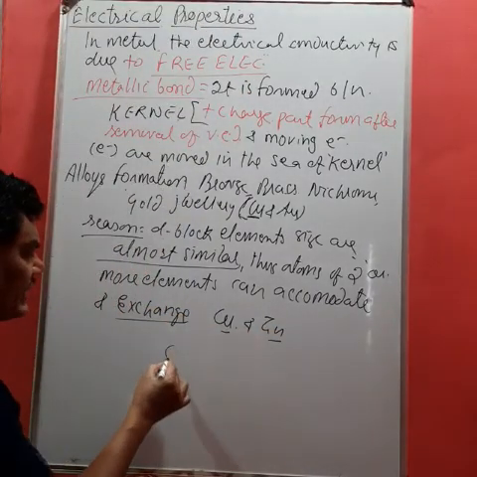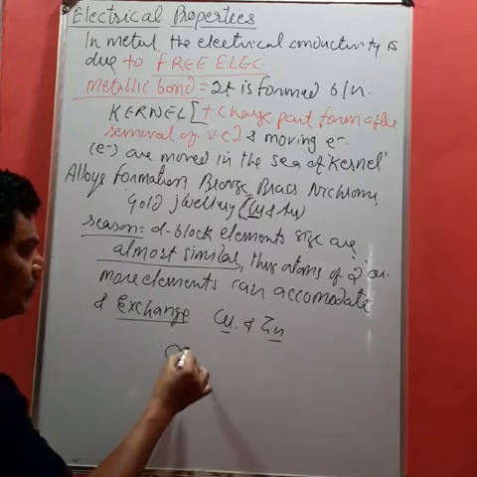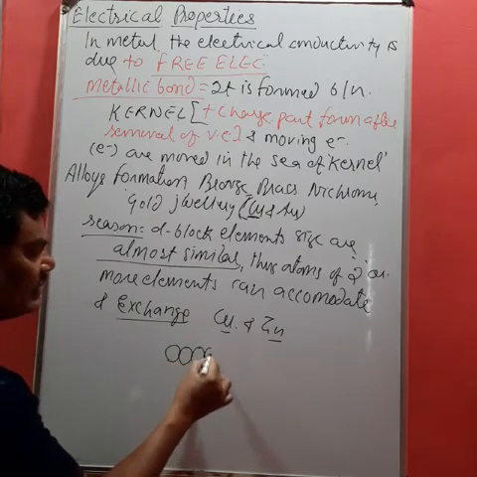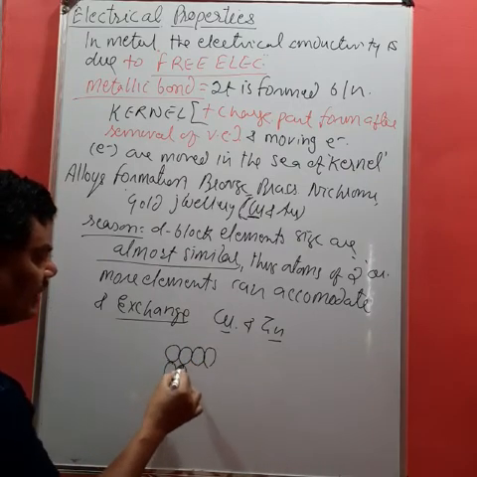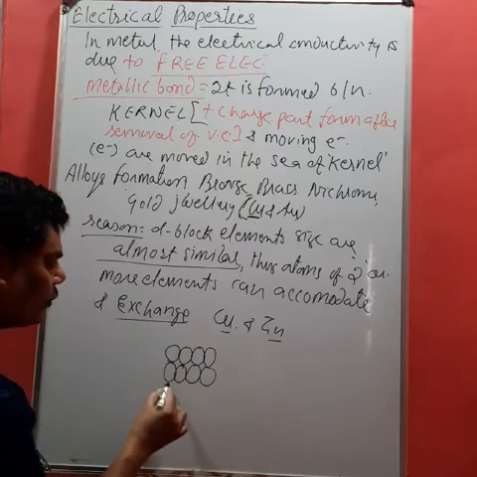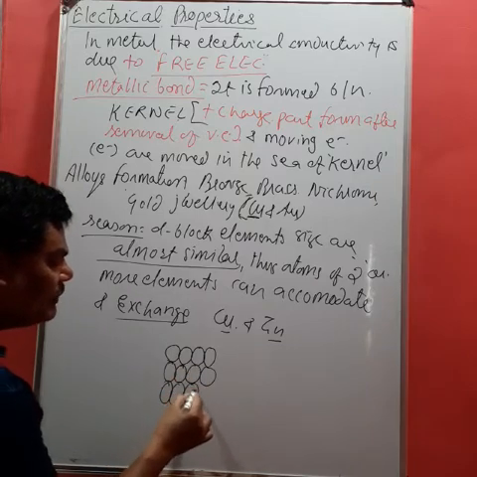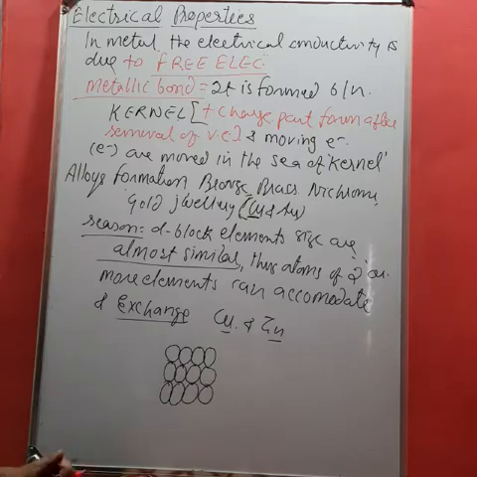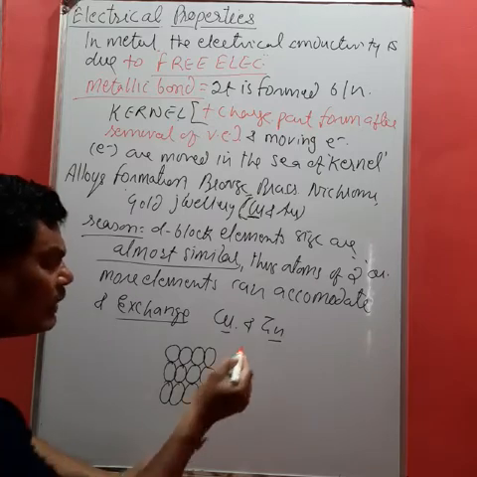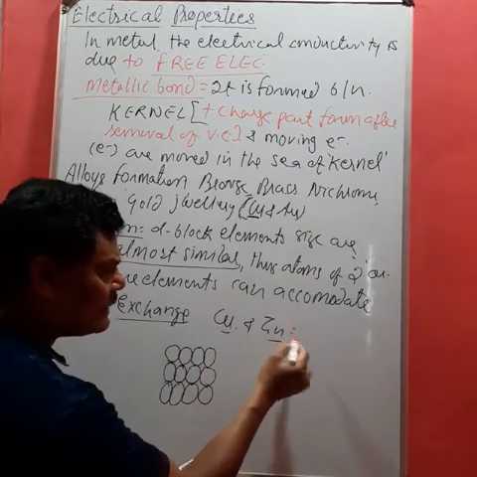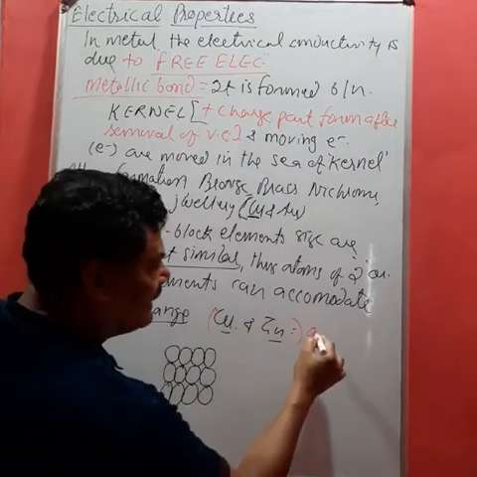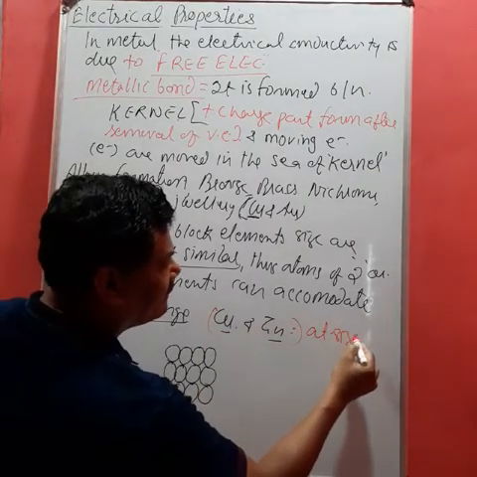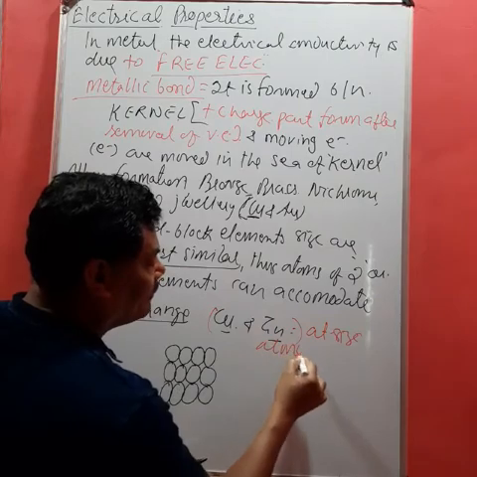Like here, if we talk about copper and zinc, their atomic sizes are almost the same. Suppose this is the size of copper, and earlier it was a crystal of copper. But if we replace it by zinc, the size of zinc is also the same.